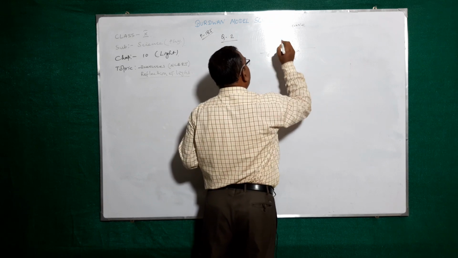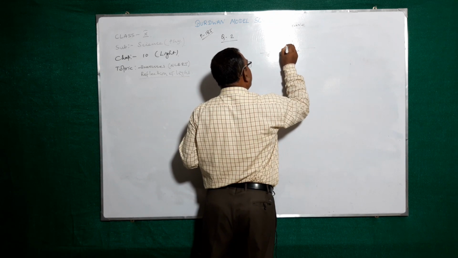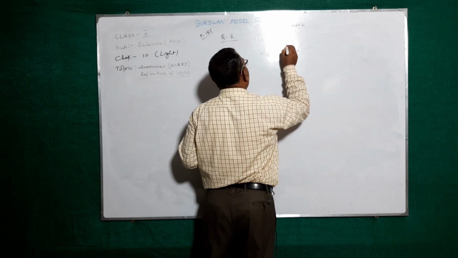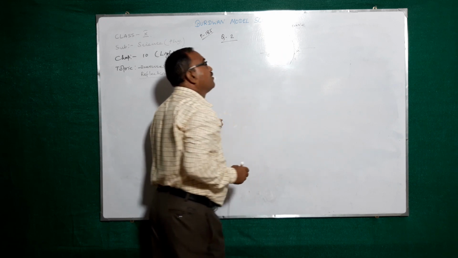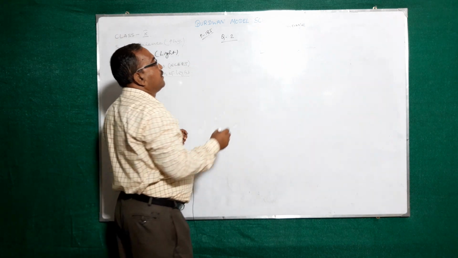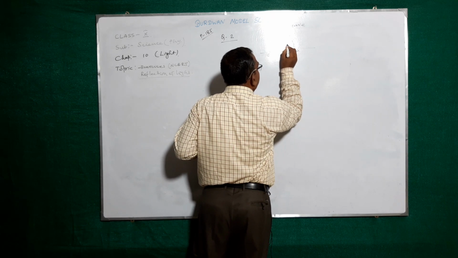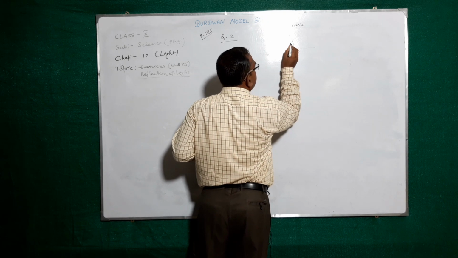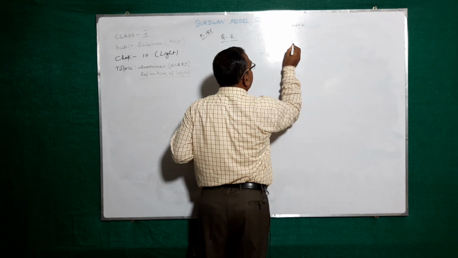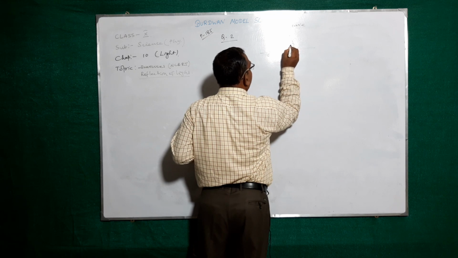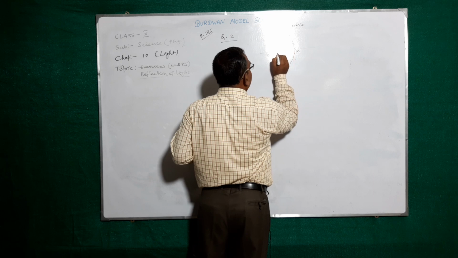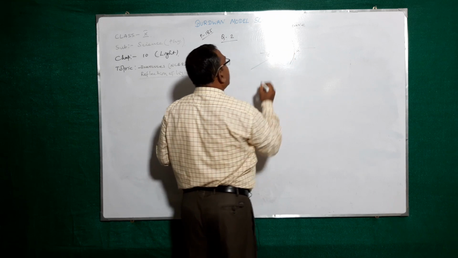So, from your memory, if you put the object in between the pole and the focus, one ray from the top of this object goes parallel to the principal axis and then returns, meaning the reflected ray will pass through the focus. You know it.